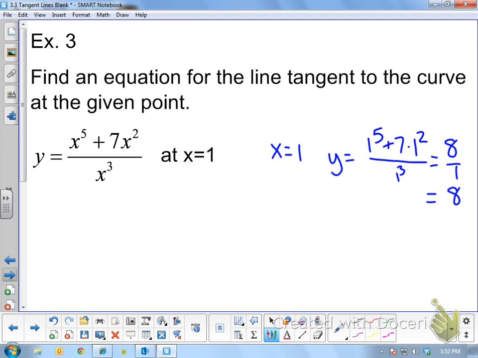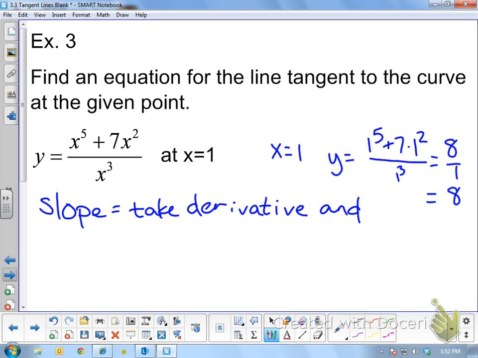What if I want to just isolate one of those points? We plug in the x value after we've taken the derivative. So now when we find slope, we take the derivative, and plug in the x value.